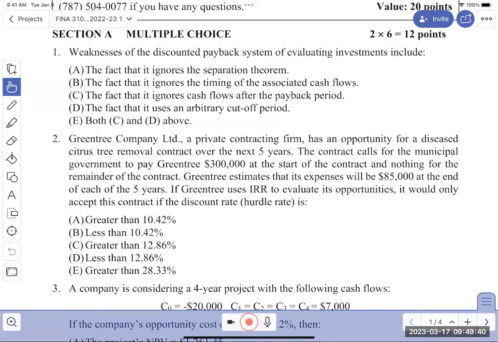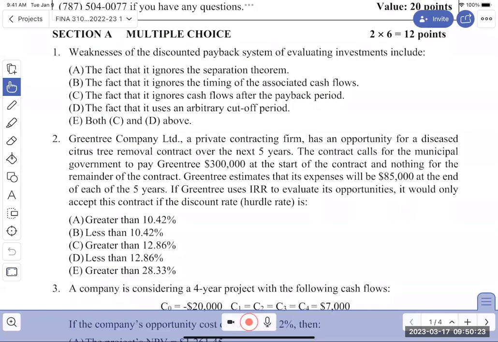What's the answer? No one? Is this thing working?